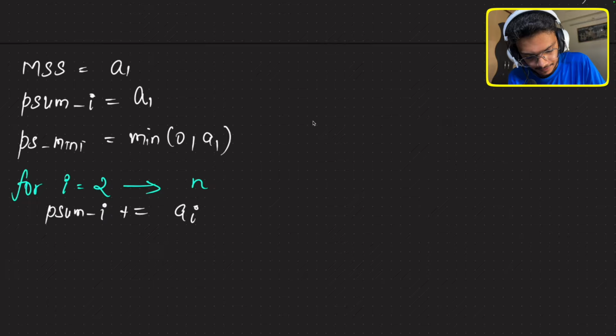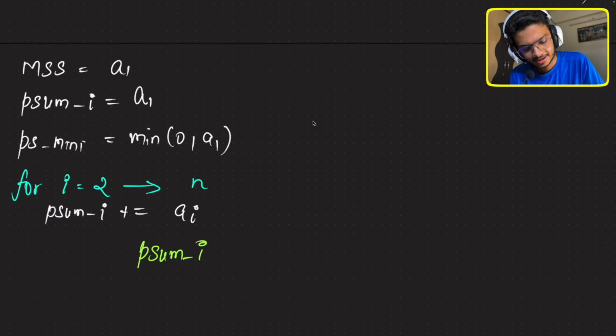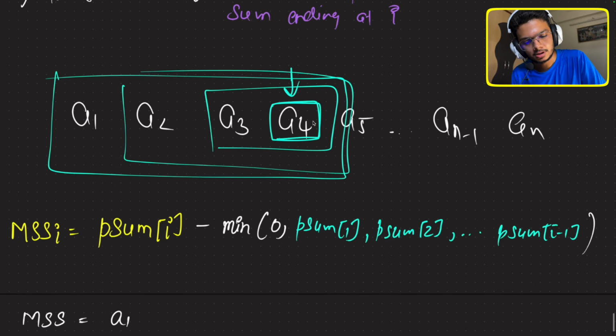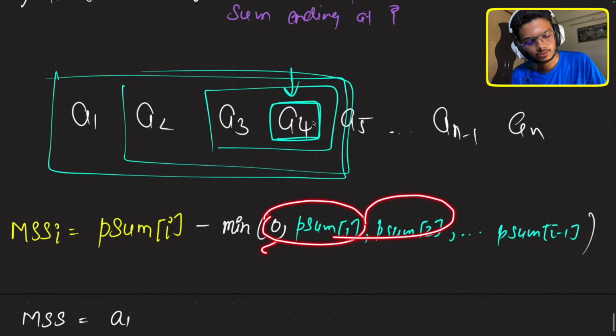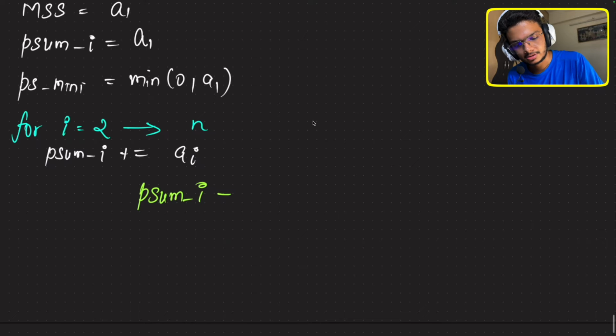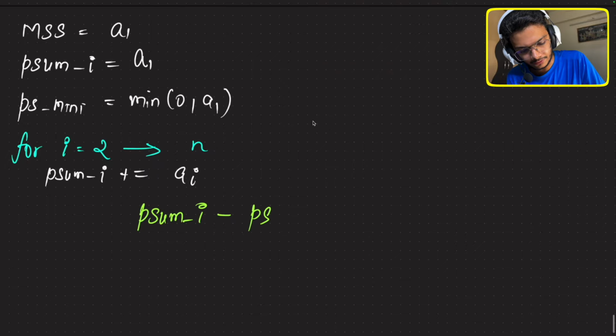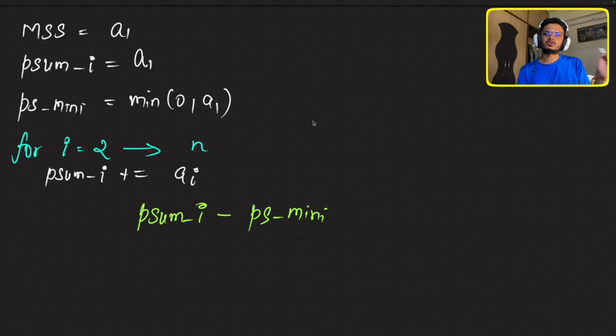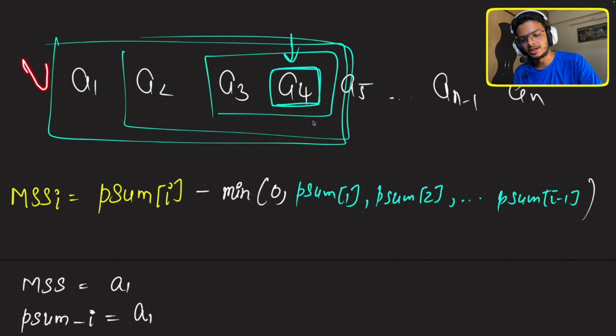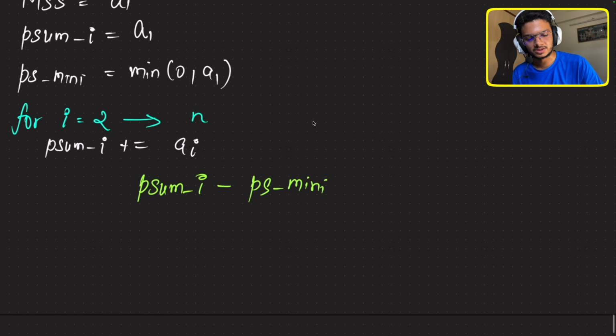It is from the prefix sum ending at this index, you just subtract the minimum of 0, p sum of I, p sum of 2, so on and so forth, minus ps of many. That is minimum of all the prefix sums from 0 till I minus 1. Now what is prefix sum of 0? It is simply 0. It is the part where you don't remove any element, right? So there is no 0 guy, but that's what prefix sum of 0 means.